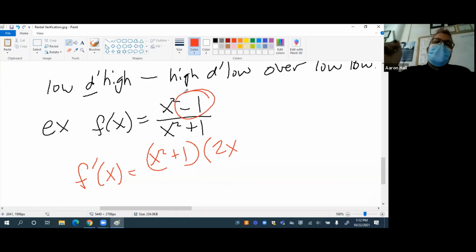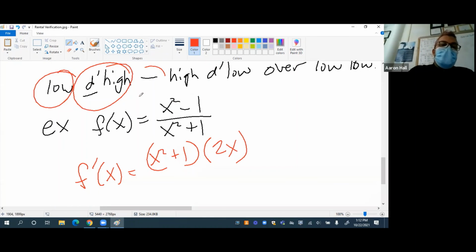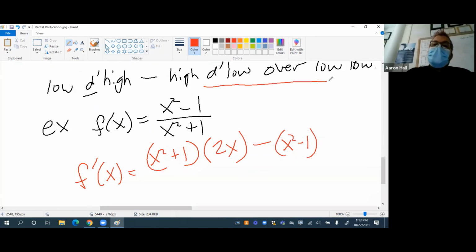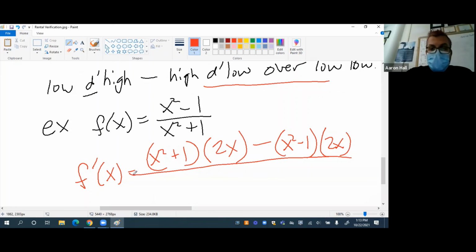And what's the derivative of a constant? Zero. Yep. So low d high minus, what's high? X squared minus 1. D low, which is 2x. 2x over low.